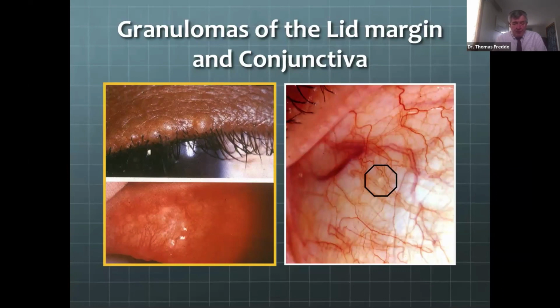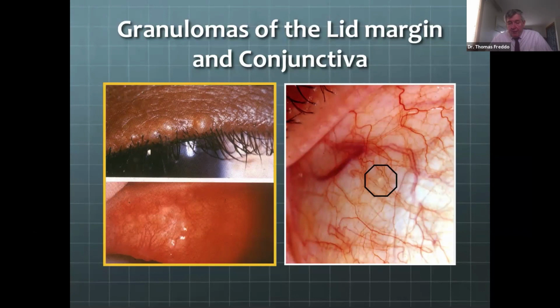If you flip the lid on the lower left, you can see several granulomas subepithelial within the stroma of the conjunctiva, and the equivalent appearance of those on the bulbar conjunctiva is shown on the right-hand side, where you have something that looks almost cystic, yellow, kind of translucent.